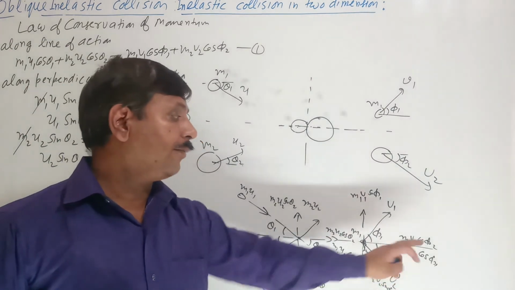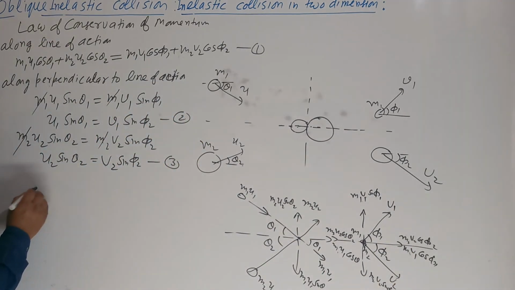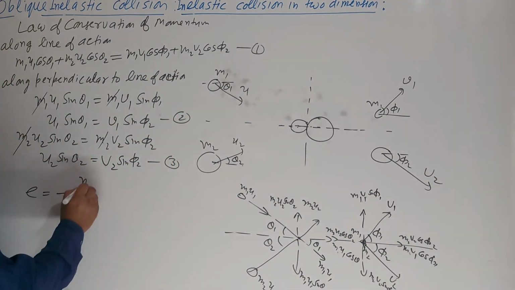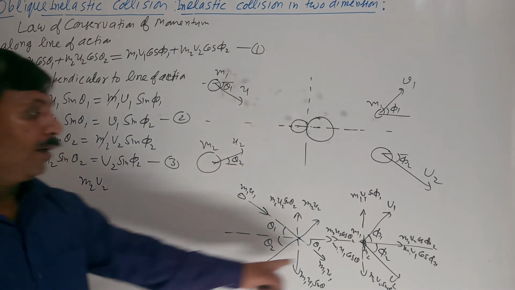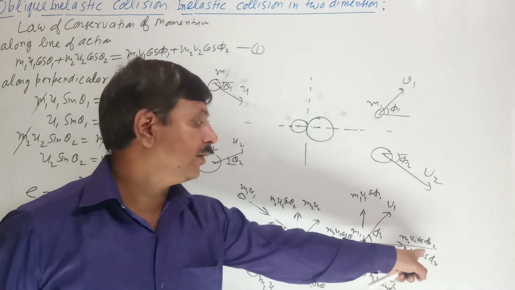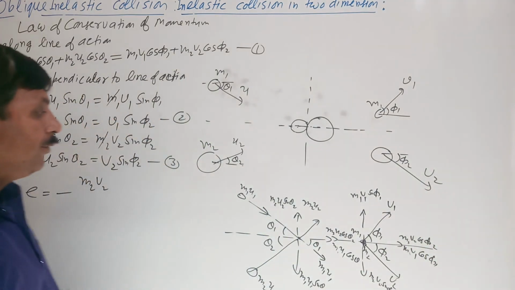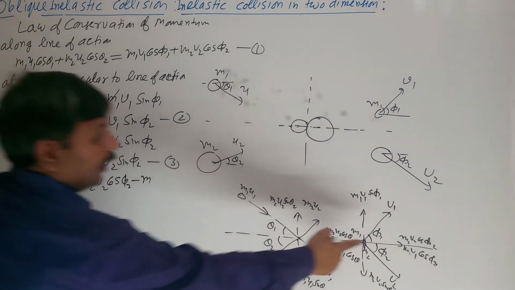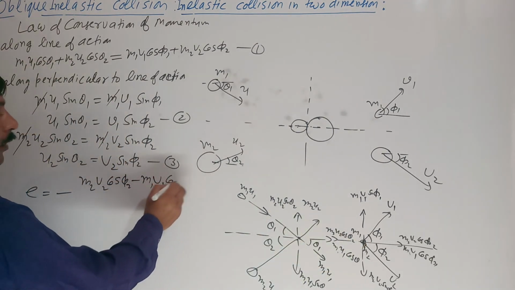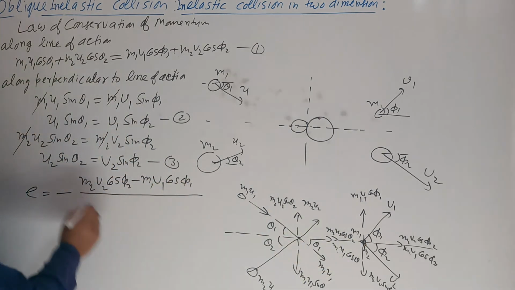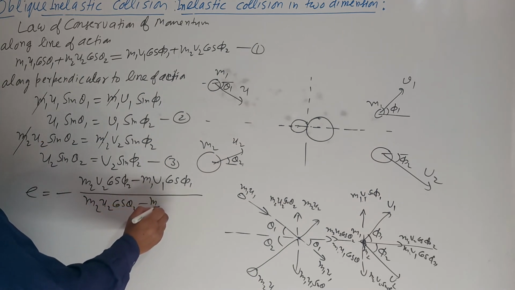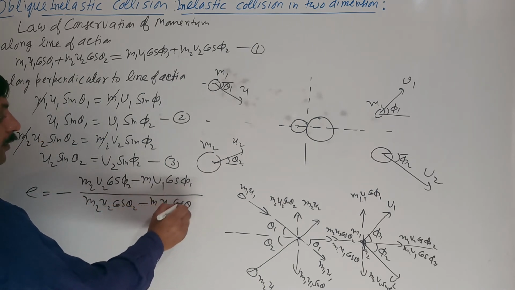Relative velocity of separation along line of action is M2 V2 cos phi 2 minus M1 V1 cos phi 1, divided by relative velocity of approach, which is M2 U2 cos theta 2 minus M1 U1 cos theta 1.